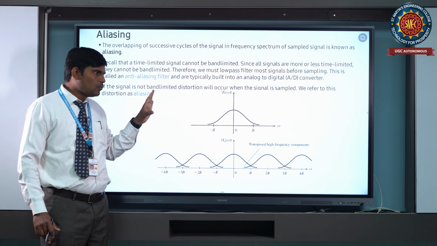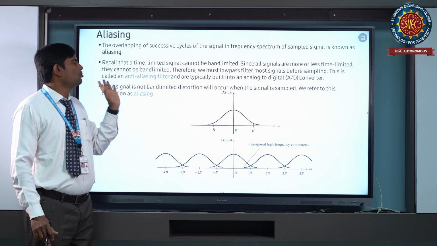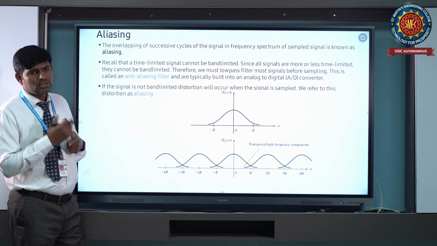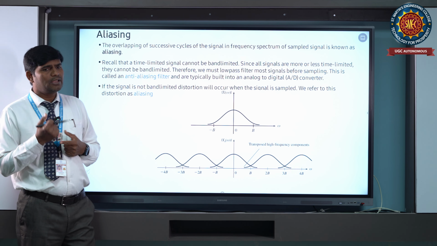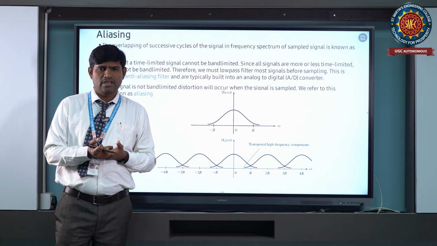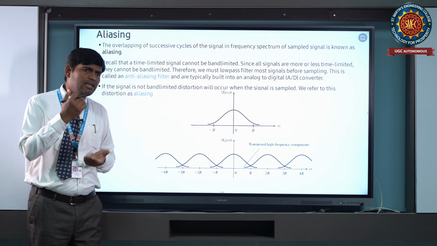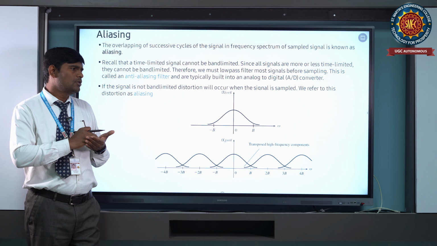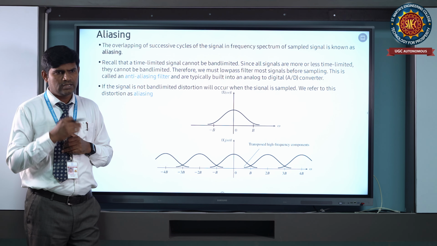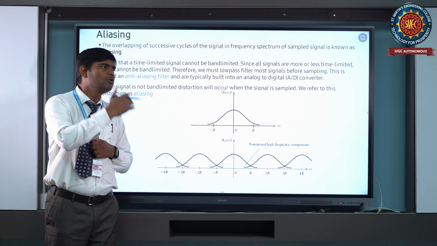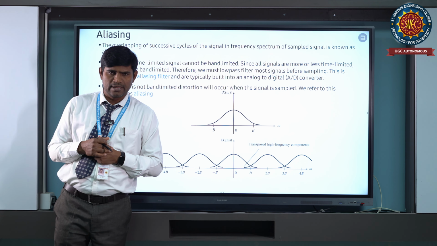That is one method of avoiding the aliasing effect. One more thing is that the minimum required sampling rate is 2 times the maximum frequency. If it falls below that, aliasing definitely occurs, so we also need to maintain the rate above the Nyquist rate.